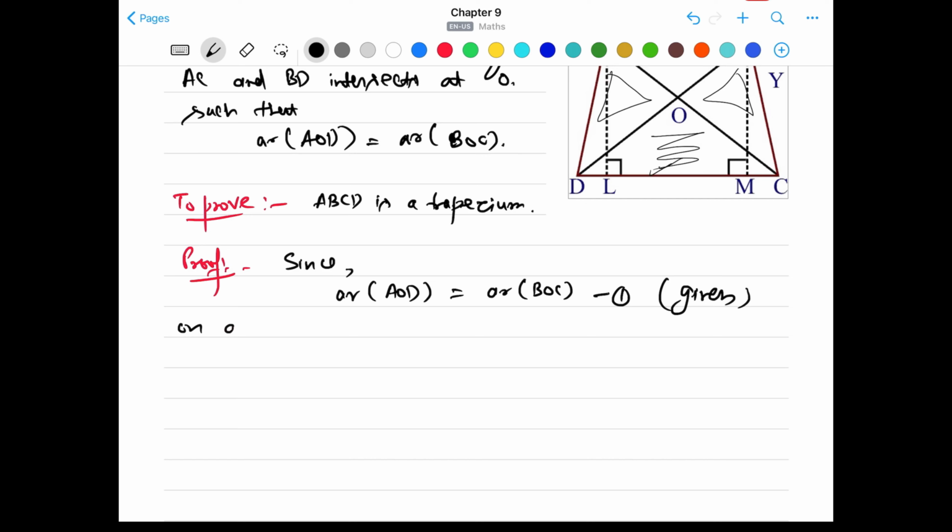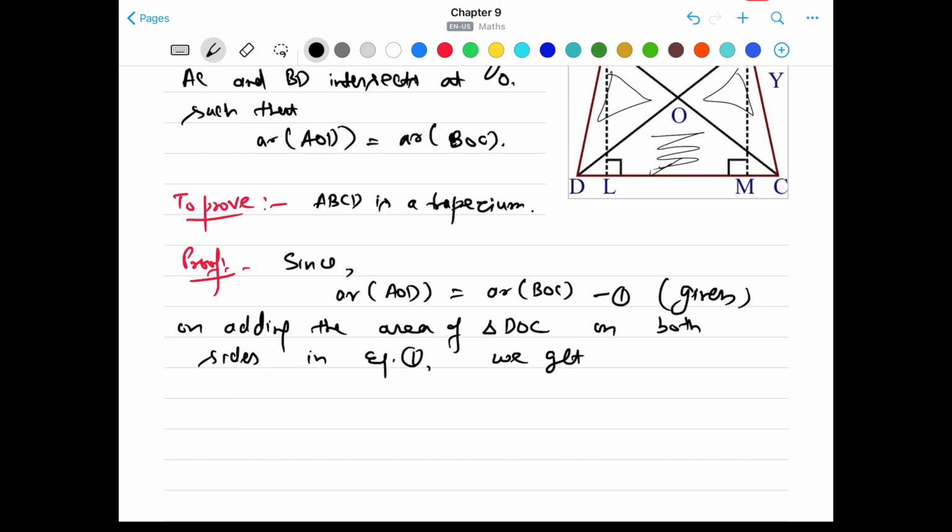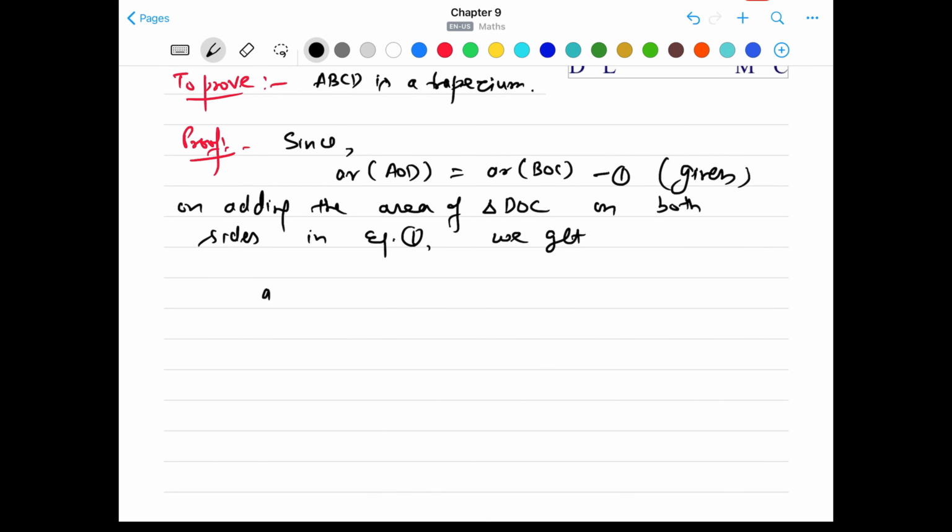On adding the area of triangle DOC on both sides in equation 1, we get: on one side the area of triangle AOD plus the area of triangle DOC, and on the other side the area of triangle BOC plus the area of triangle DOC.